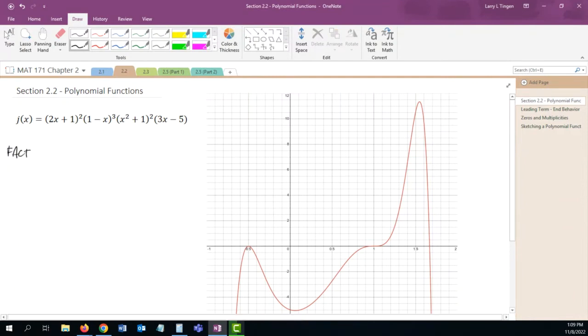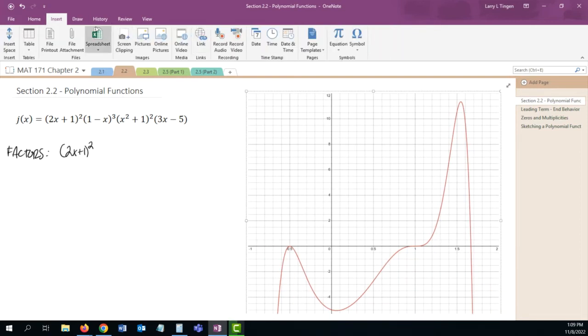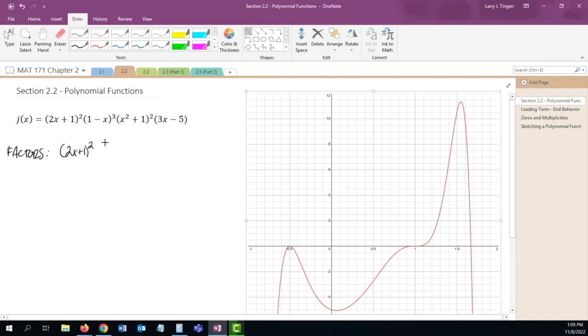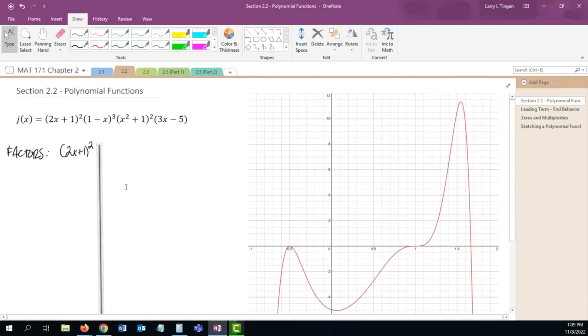So what are my factors? The factors are 2x plus 1 squared. Let's just go ahead and scoot that over. All right. Next, 1 minus x cubed.